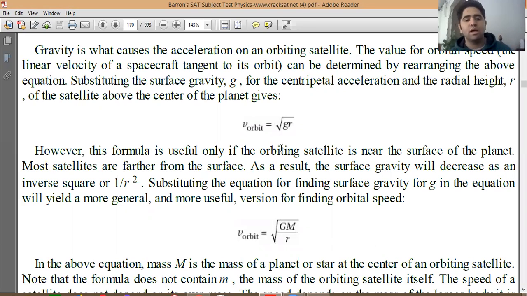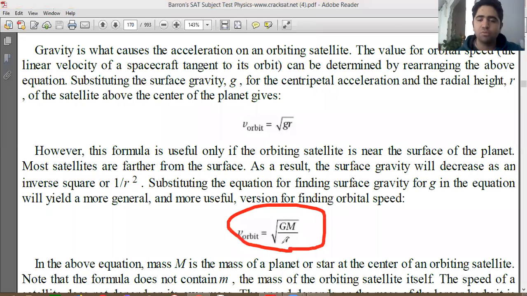And so, if it's far away, at a great distance, we're going to use root GM over r. That is normal. And so, if you can, just always use this formula instead. This formula right over here is a lifesaver, root GM over r.